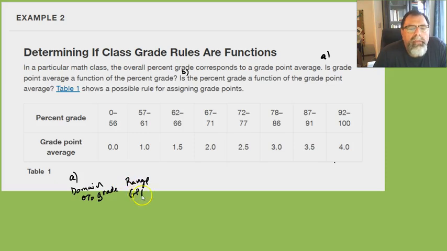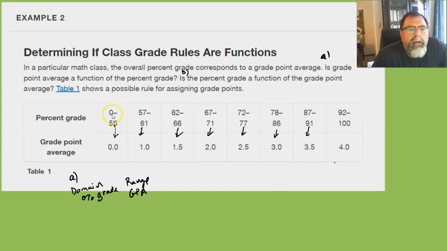I'm just going to write GPA. So we're going from percent to there. You could see that no matter what percent grade, the output value is only going to be one answer. So if you get any of these items, you're just going to get one answer, going that way.